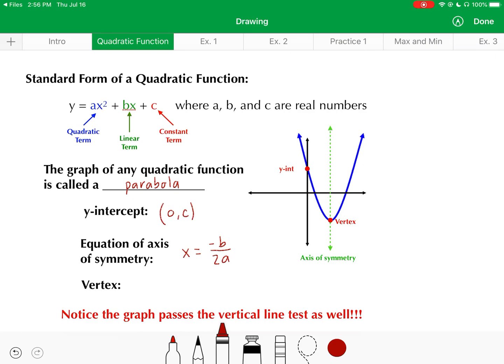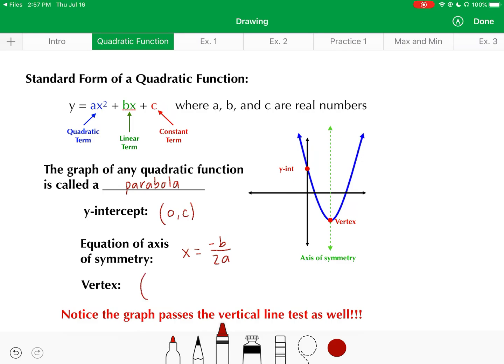Now also notice the parabola has a vertex, which in this case is the lowest point on the curve. And the axis of symmetry is passing through the vertex, right? So that means that the x coordinate of the vertex is going to have the same value as that defining that axis of symmetry, okay?